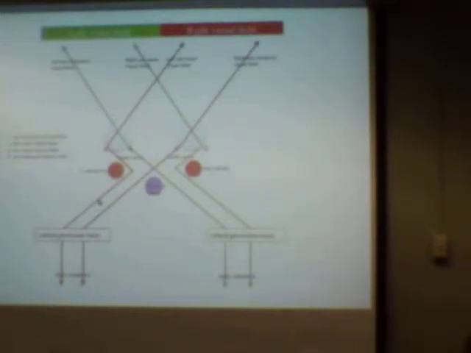The left eye's temporal visual field comes down here, hits the inside of my eye here, the retinal nasal field. Where does that go? It crosses at the optic chiasma to get to the right side of the brain. This green line hits this temporal retinal field. Where does that go? It stays ipsilaterally and gets to the right hand side of the brain.